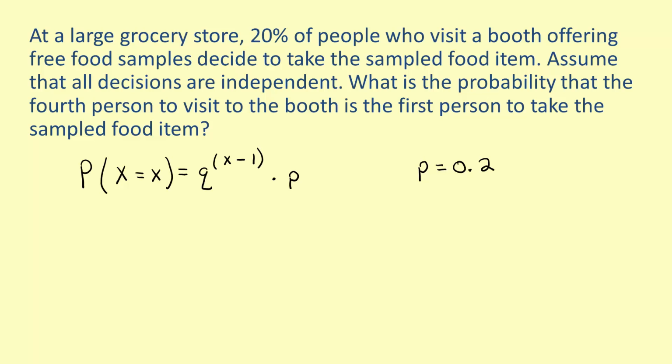The probability of failure, Q, is equal to 1 minus P. Substituting P equals 0.2, we find that Q equals 0.8.